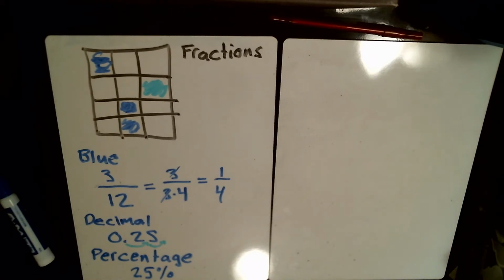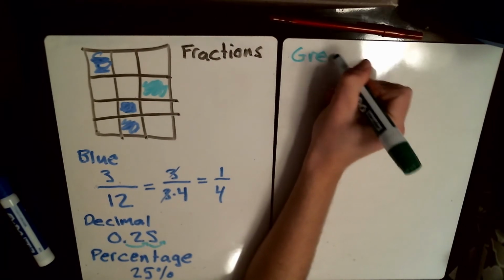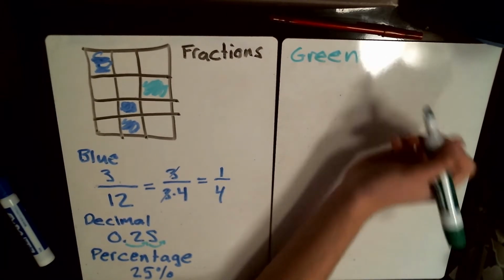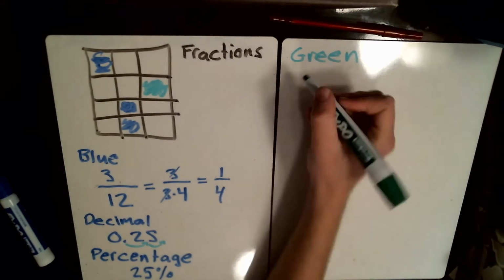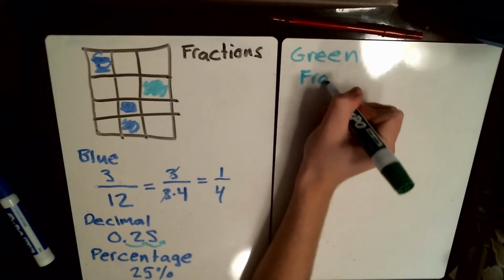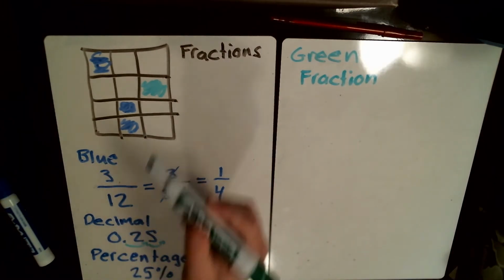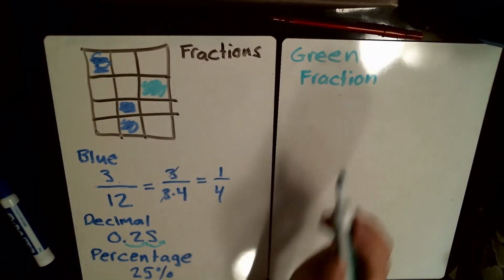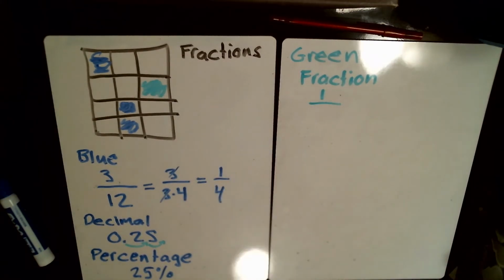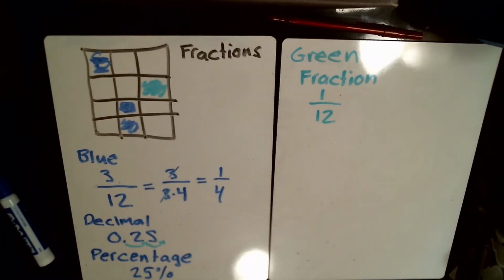So let's look at green and see what our fractions, decimals, and percentages are. Okay, so let's start with a fraction. How much of that rectangle is green? Well, notice there's one green box, right? So it's 1 divided by how many boxes in total are there? There are 12, so 1/12 is the fraction.